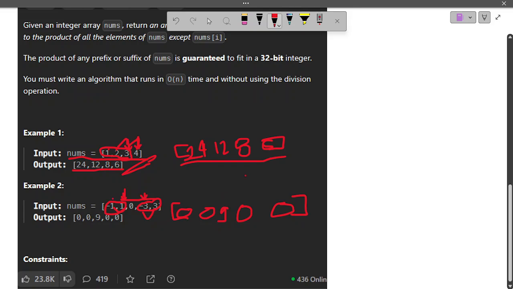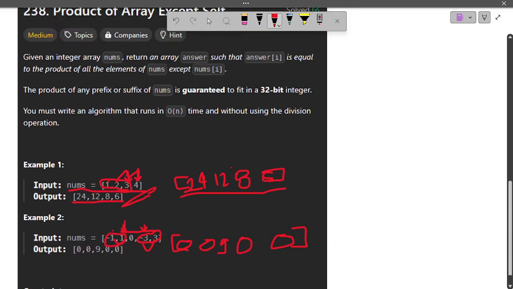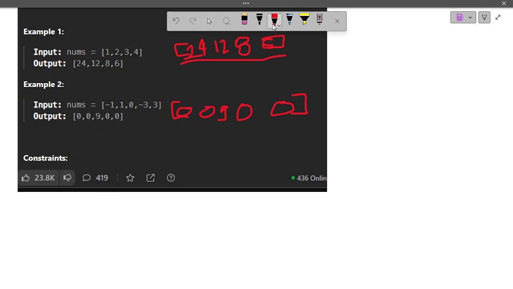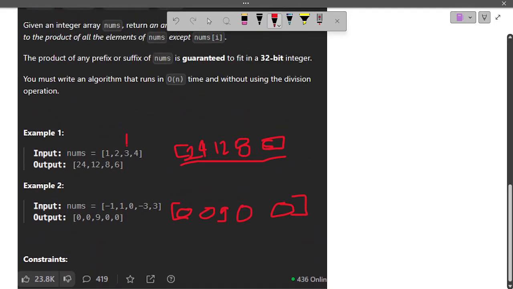Okay, so basically what I am trying to say is that when you are at position i, you multiply all other elements on the left side and all other elements on the right side.